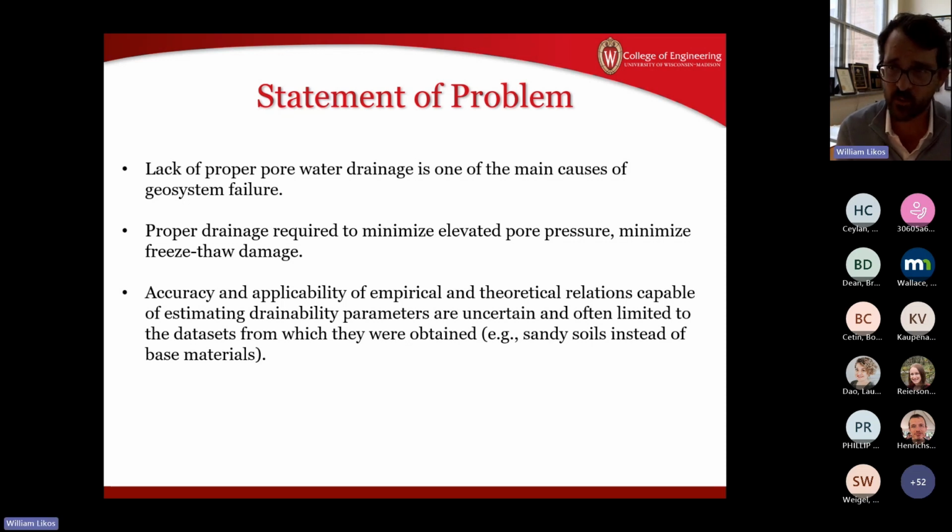But also in parts of the world where we have freeze-thaw, if we have water that is retained near the surface and subject to freeze-thaw, that can also cause problems, as we know.